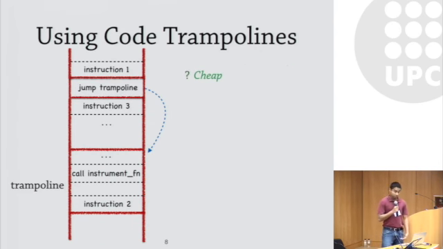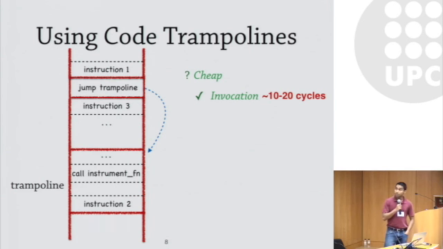So the next question is, is this cheap? The probe invocation is certainly not that expensive, because it just involves a double indirect jump from the mainline code to the trampoline and then to the instrumentation function. On modern hardware, this is typically around several dozen cycles. How about probe injection?